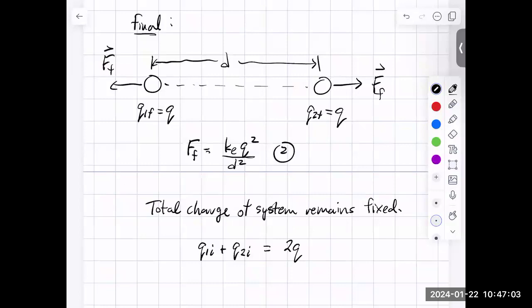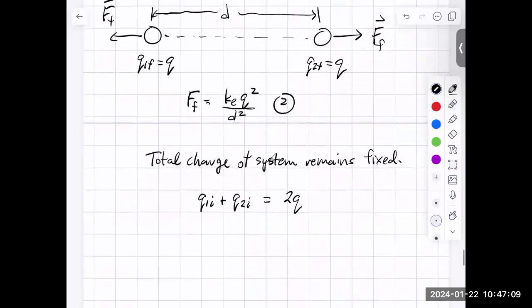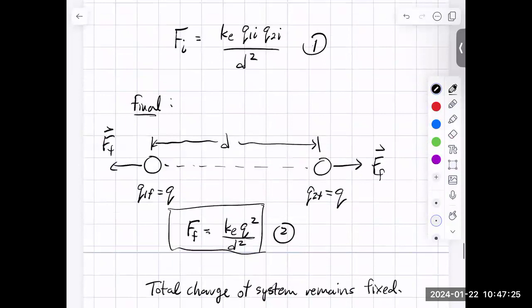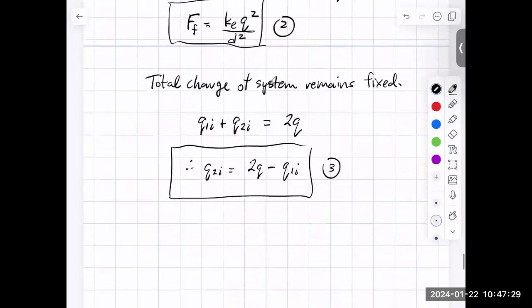Let me rearrange this and say, therefore, we could write Q2 initial is 2Q minus Q1 initial. We'll call that equation 3. And now we have enough information to solve this problem.